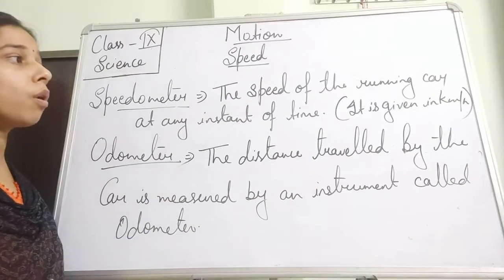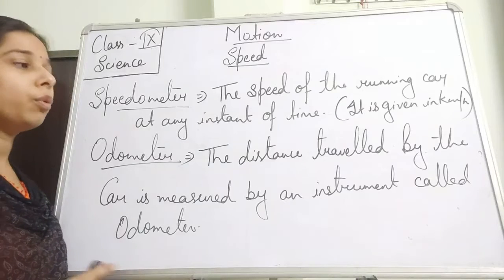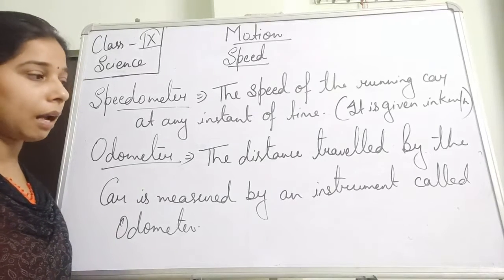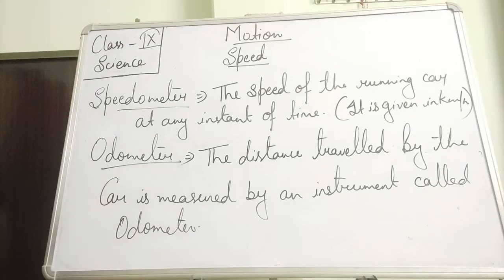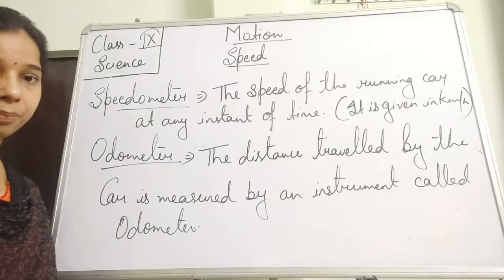So the speedometer shows the speed of the car at that instant of time, and the odometer shows the distance travelled by it, with the help of the instrument. Okay, so this is about the speedometer and odometer.